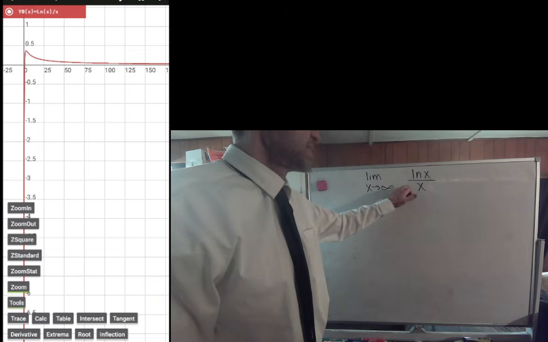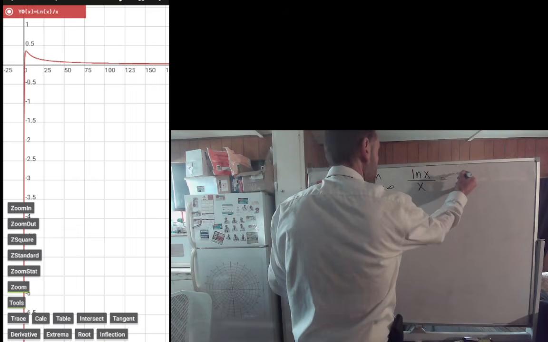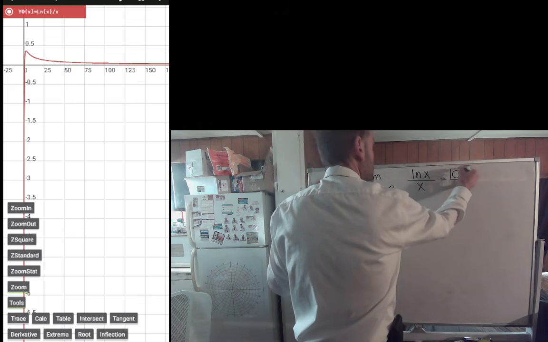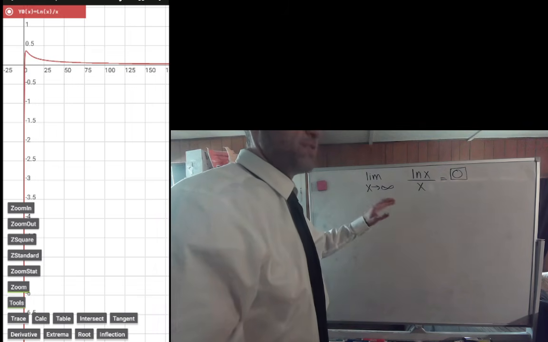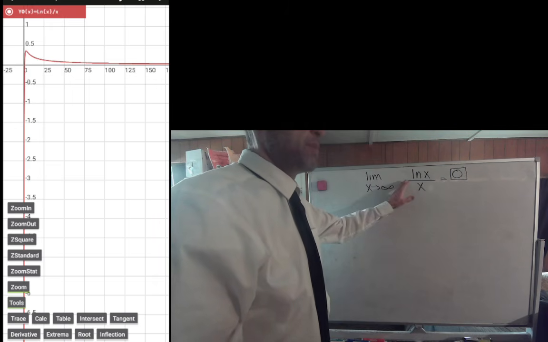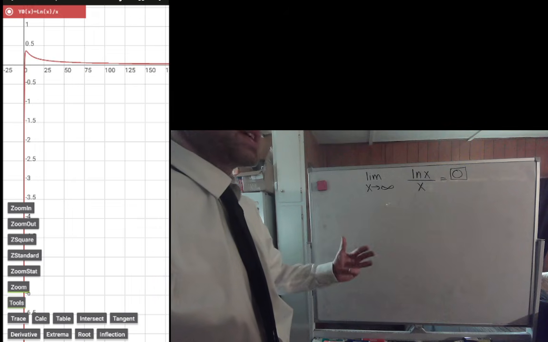So the moral of the story is you can basically treat this like you would a rational function where the degree of the numerator is less than that of the denominator, which would mean that this limit would actually go to 0 for that reason. And when we get into L'Hospital's rule, it'll become more obvious. That'll give us a trick to where we can solve this limit without even needing the graph or having to look at it. But I just wanted to show this to you in a graphical sense so you could see where this is coming from.